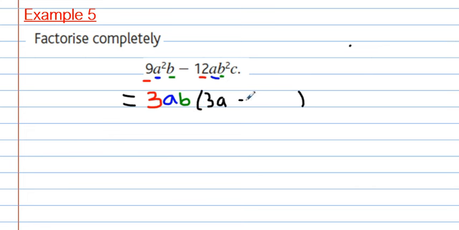And the sign is minus. How many 3's will I get in 12? That will give me 4. I already have an A outside. I have a B left, so I have B. And my C is also left over.